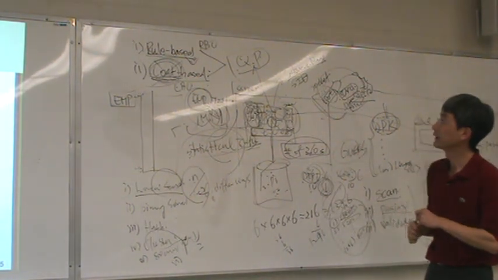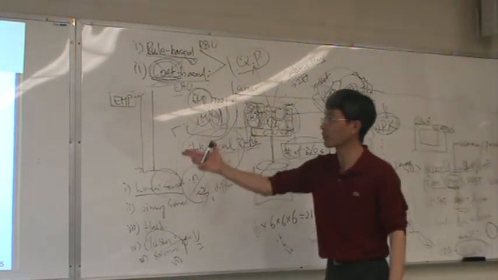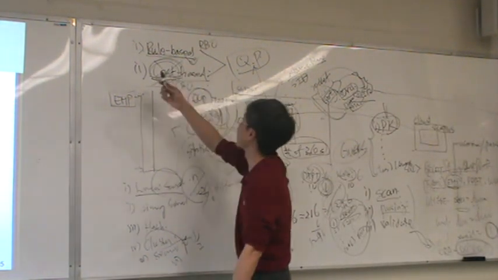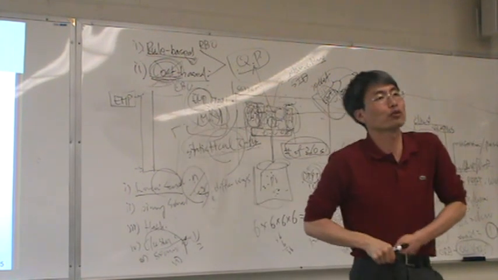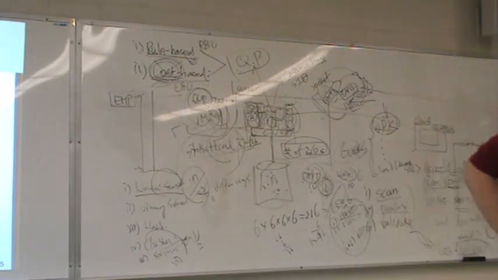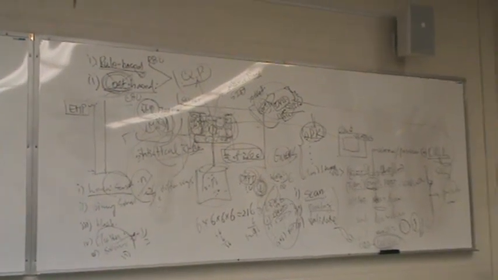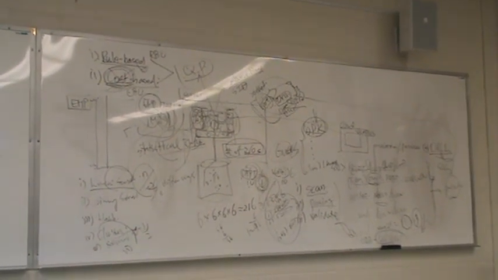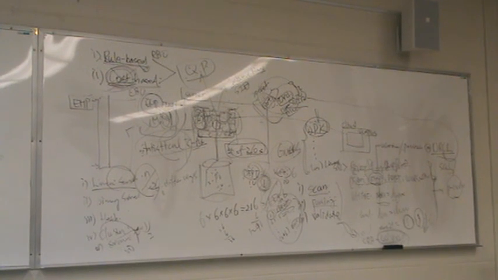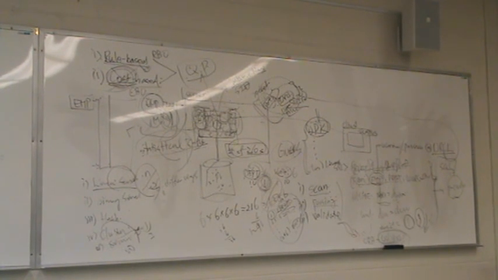Okay. Before we start this one, the last question is, by the way, which one is better, the rule-based optimizer or the cost-based optimizer? I'm asking, and I will ask again why.